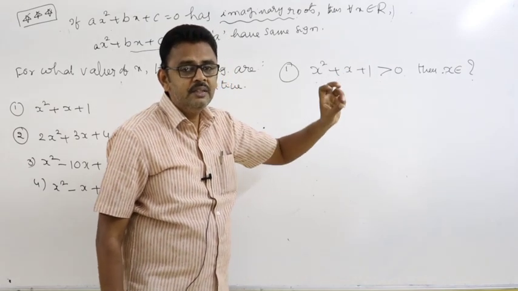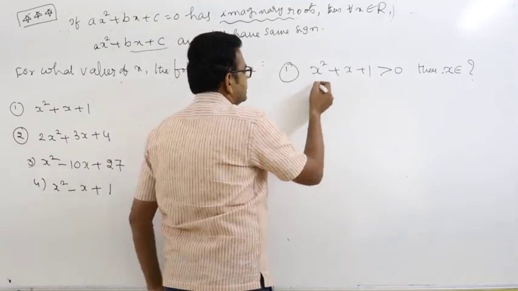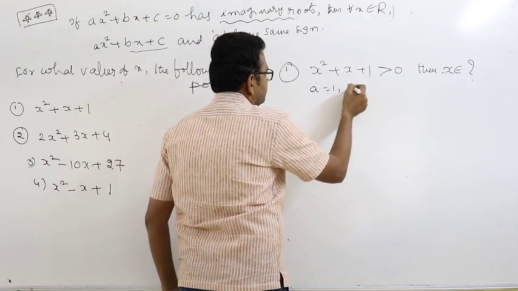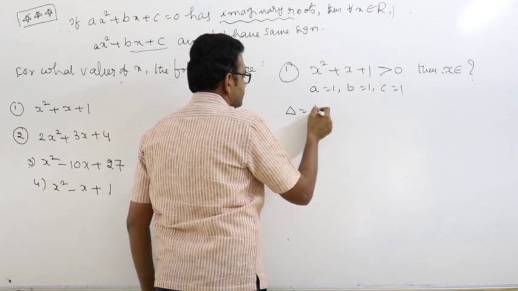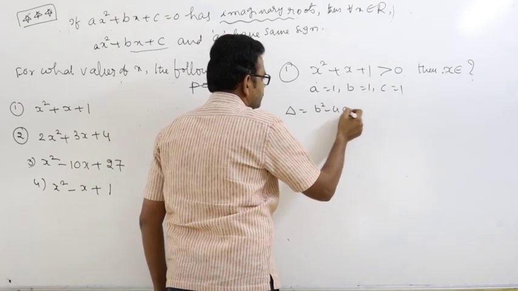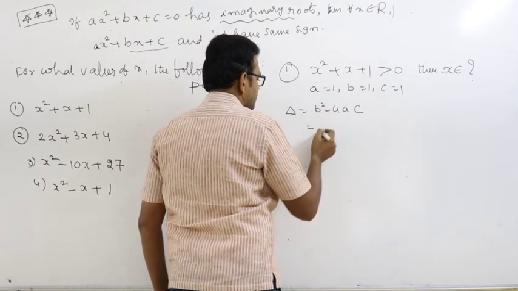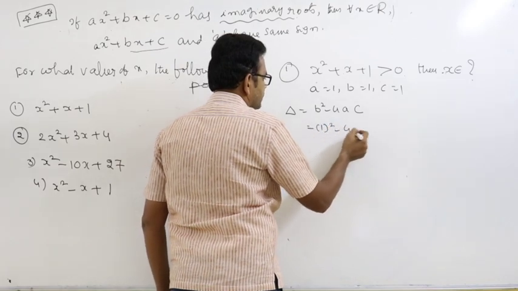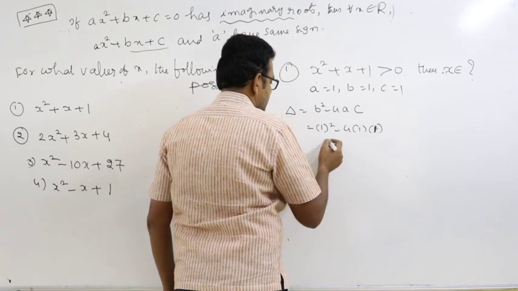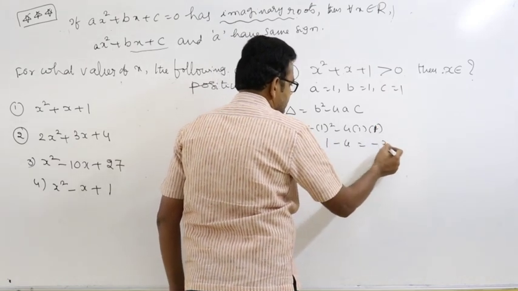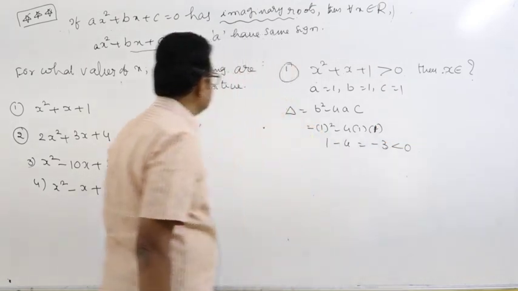In this case, find delta. Here a equal to 1, b equal to 1, c equal to 1. Delta is equal to b square minus 4ac, that is 1 square minus 4 into 1 into 1, that is 1 minus 4, minus 3, less than 0.